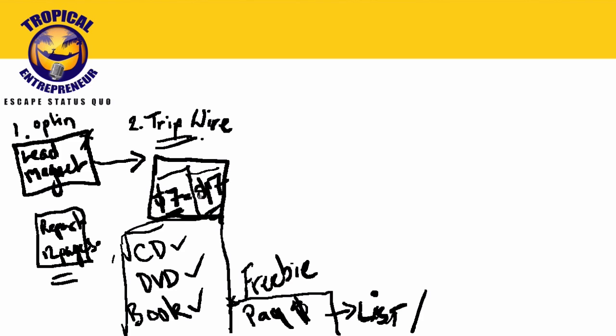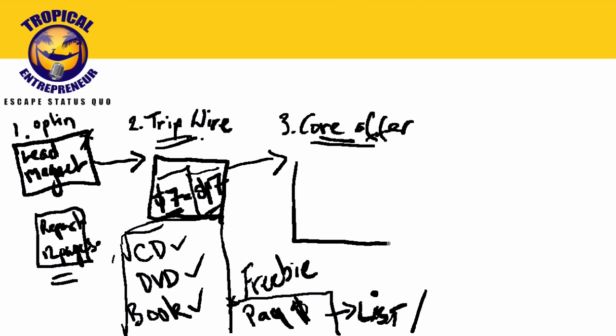So the people that do take the tripwire, you then send them to another thank you page where you offer your core offer. This also requires, of course, that you've done quite a bit of work and you've actually created a core product.